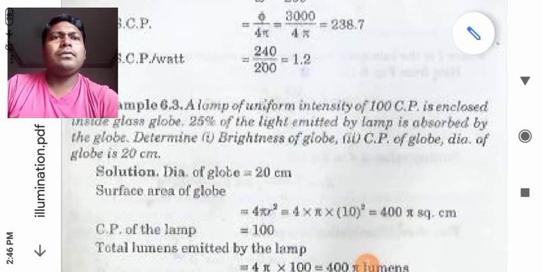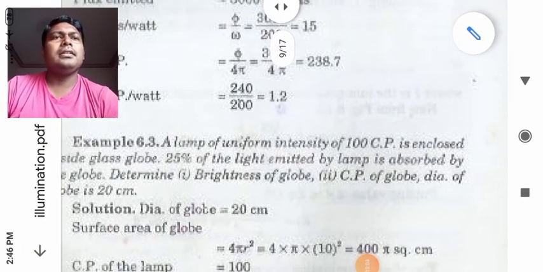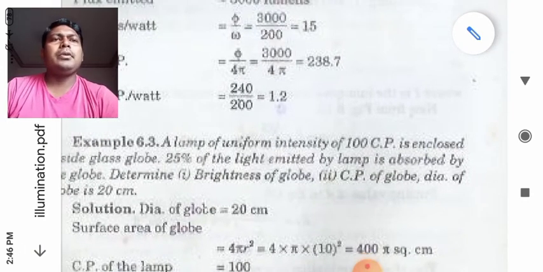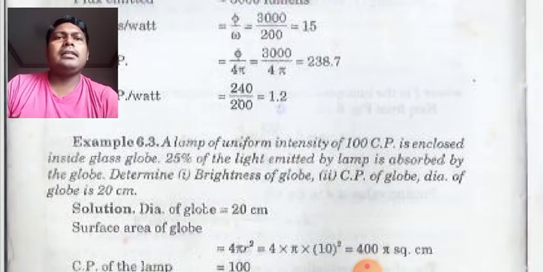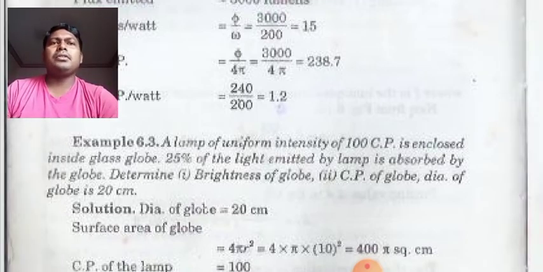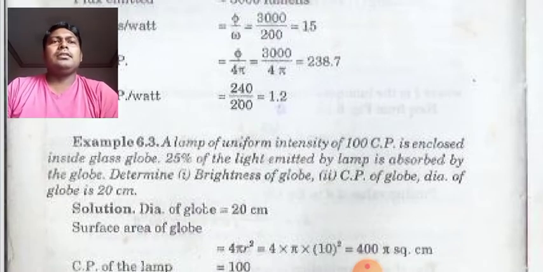A lamp of uniform intensity of 100 candle power is enclosed inside a glass globe. 25% of the light emitted by the lamp is absorbed by the globe. Determine the brightness of the globe and the candle power of the globe, if the diameter of the globe is 20 centimeter. So in this question, the diameter of the globe is given.